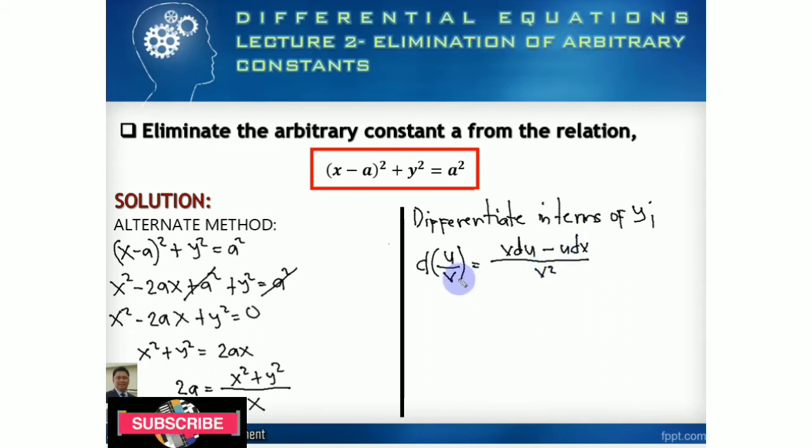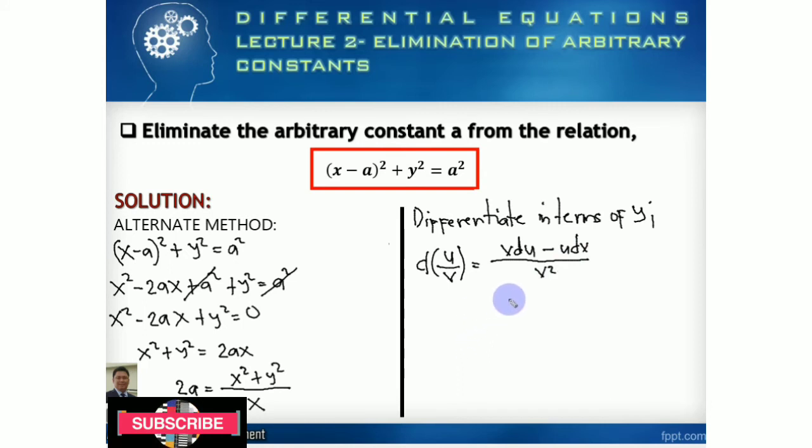So we can apply this one, this derivative of u over b, which is just equal now to b times the derivative of u minus u times the derivative of b all over the b squared.